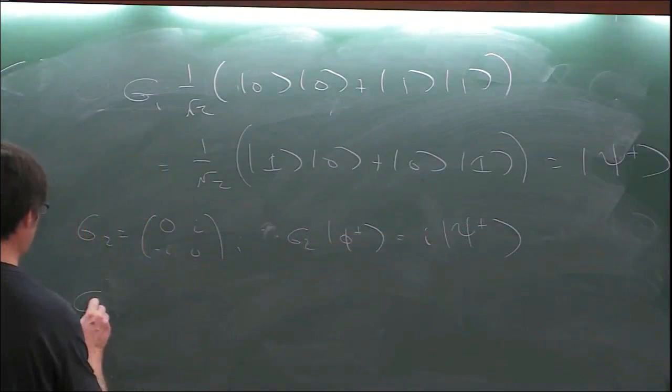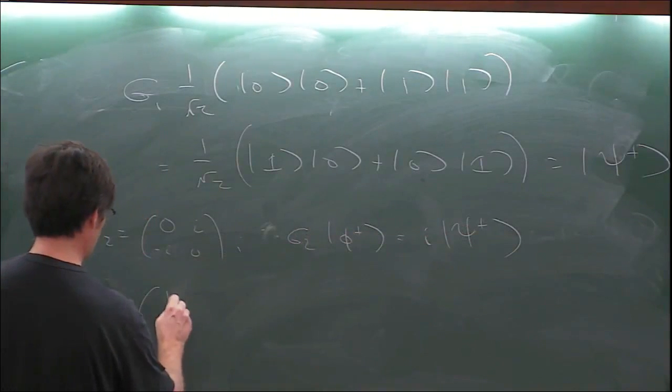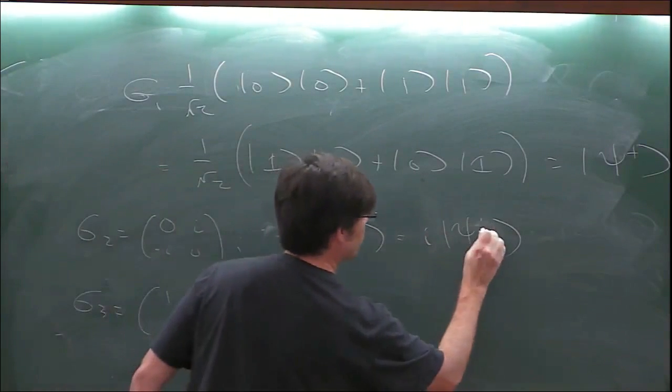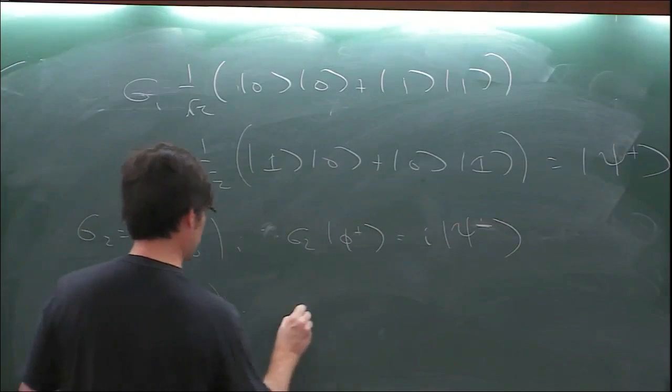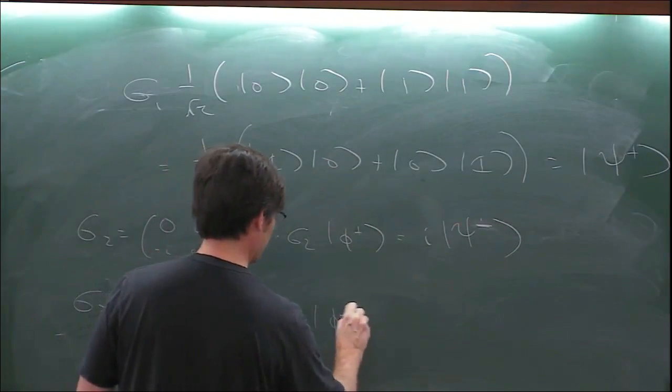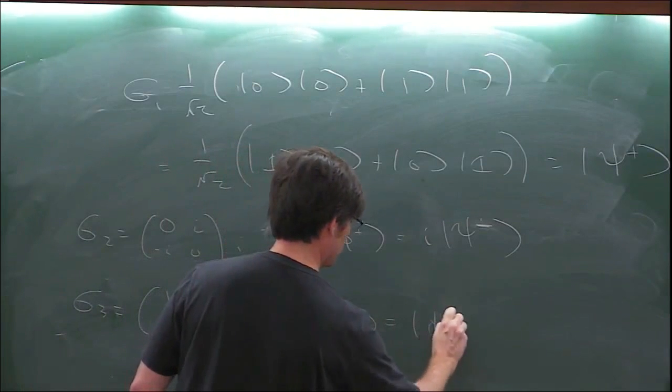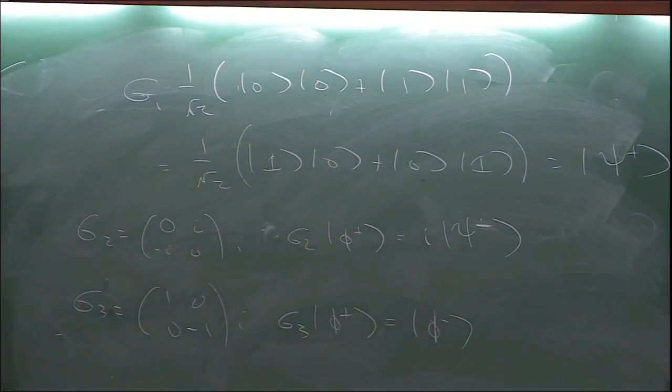And finally, if I write down sigma 3, which is (1, 0; 0, -1), sigma 3 acting on phi plus gives me phi minus. So she can choose one of 4 different operations on her qubit, which will take the entangled state phi plus and map it to one of these 4 orthonormal entangled states.